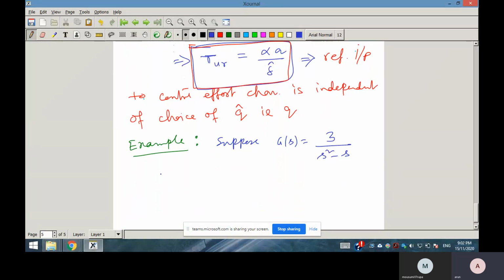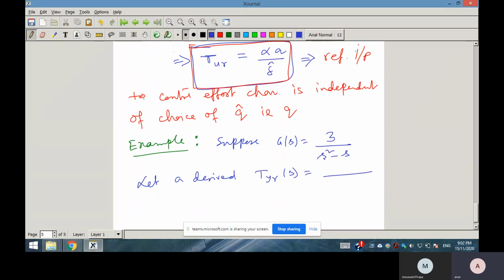Now can you say what the desired reference input to output model T_YR will be? Here the relative order is 2, so for the T_R2Y transfer function I should also maintain relative order 2. What is the minimal order of T_YR that I can keep?